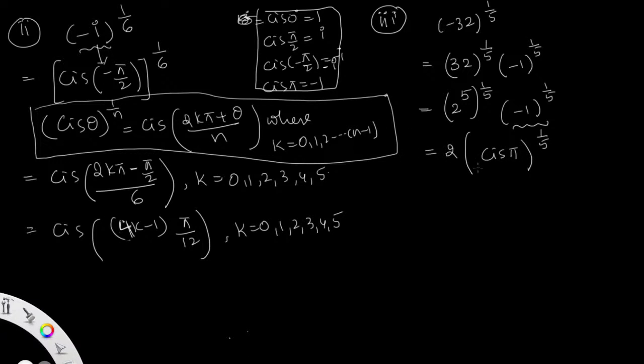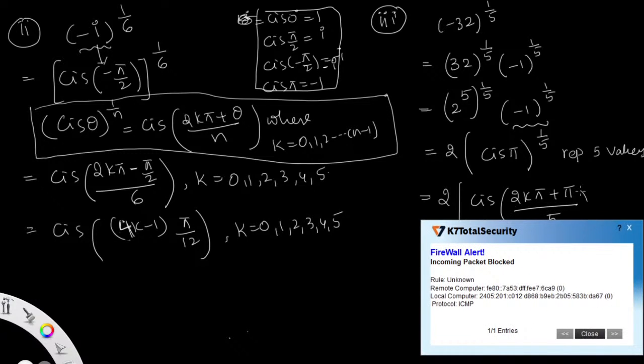Now substitute into the formula, cis theta whole to the power of 1 by n. Here 1 by 5 represents 5 values. So it is in the form cis theta whole to the power of 1 by n, that is 2 into cis of 2k pi plus theta, where theta means pi and n equals 5.